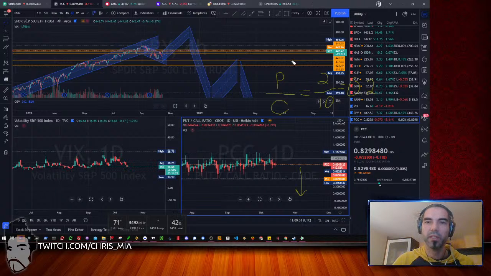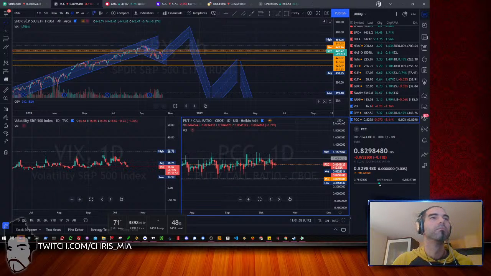But if we reverse this and put the 10 on top and the 2 on bottom, well, then we have a 5, a whole number. And the higher we go up, the more puts there are, which means a negative downtrend sentiment, right? So the higher this value goes, the higher chance for a negative overall market.